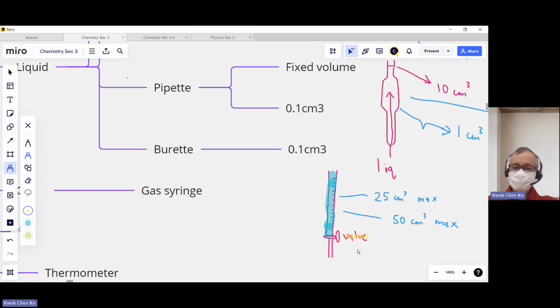Initially it is closed, but I open it. And of course, your liquid will flow downwards until it reaches this mark here. Now, if you look carefully, this mark is 0. And once the liquid has reached this mark, I close the valve.